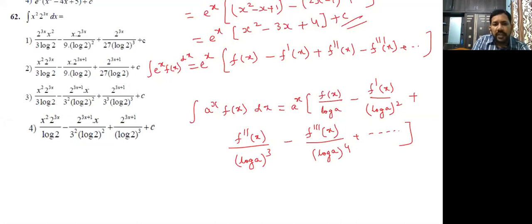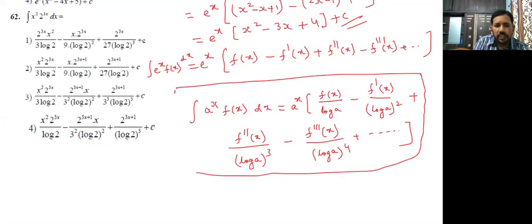Now by using this shortcut formula, we can find the answer of question number 62. Now I am going to write the question, integration 2 power 3x. Here the x coefficient 3 is there. Then how to do? Here write k, a power kx.